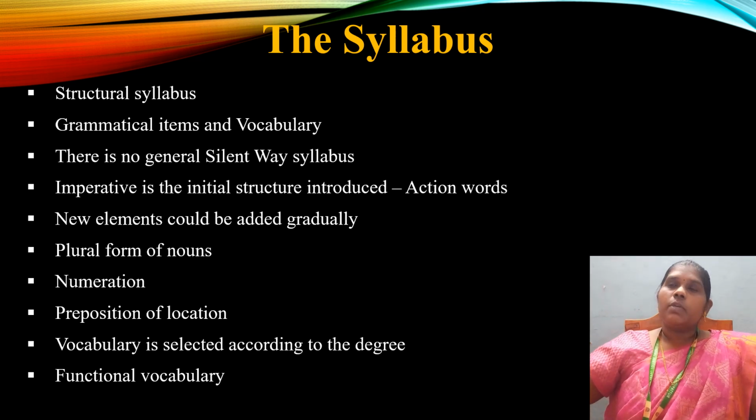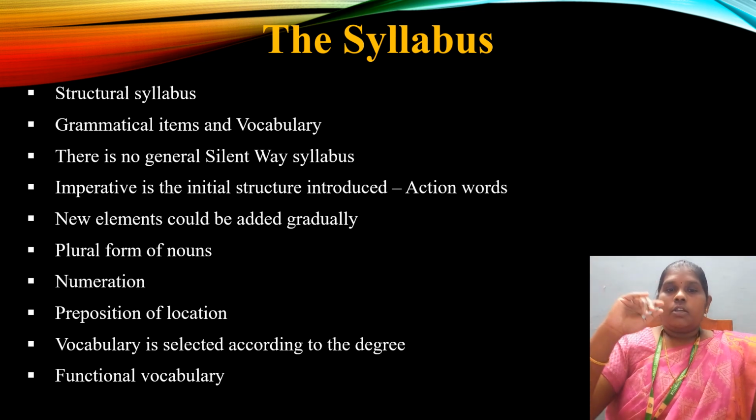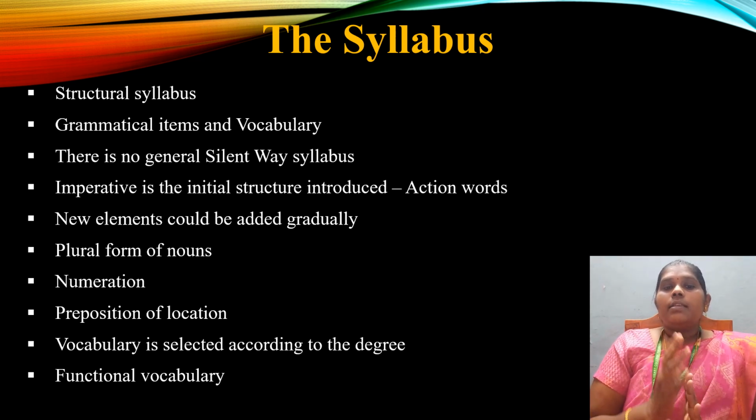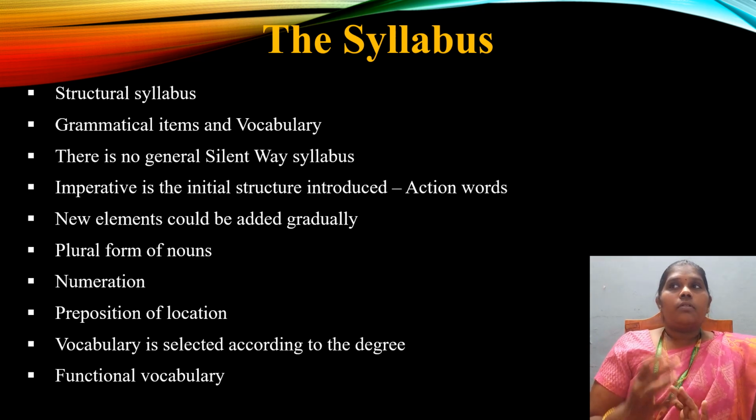The gradation must be there, simple to complex. So first you can teach them the plural forms of the nouns that they already knew. Pen, pens. Okay, like that. Second one is numeration. Okay, numeration in the sense of first, second, third, fifth, sixth, seventh, eighth, the numbers or the order of it, eleventh, twelfth, like that.